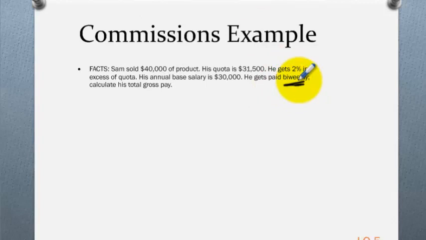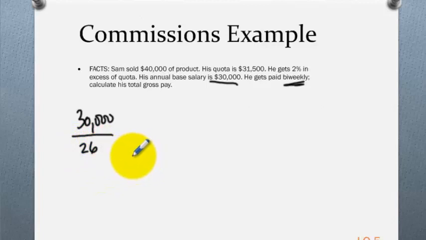First, they gave us his salary on an annual basis, so let's see what he normally goes home with bi-weekly. We take $30,000, his annual salary. How many bi-weekly pay periods are in a year? 26, right? So that would be $1,153.85. That's what he normally goes home with.